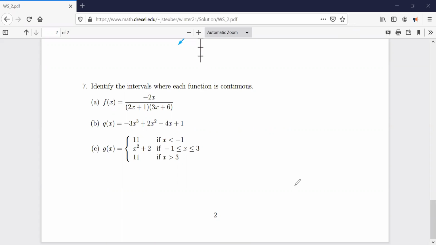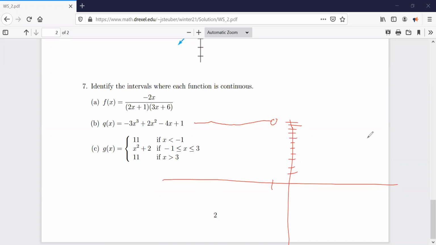So what does this function actually look like? Let's draw the graph of it. So from -1 on, we have that it's 1, 2, 3, 4, 5, 6, 7, 8, 9, 10, 11. We have that, it looks like that. From 3 on, it looks the exact same. And then I have x squared plus 2.